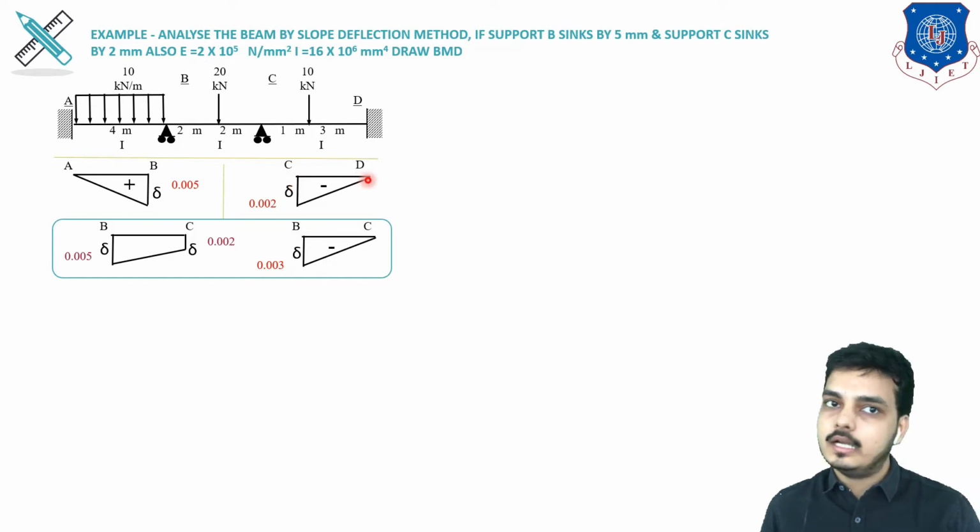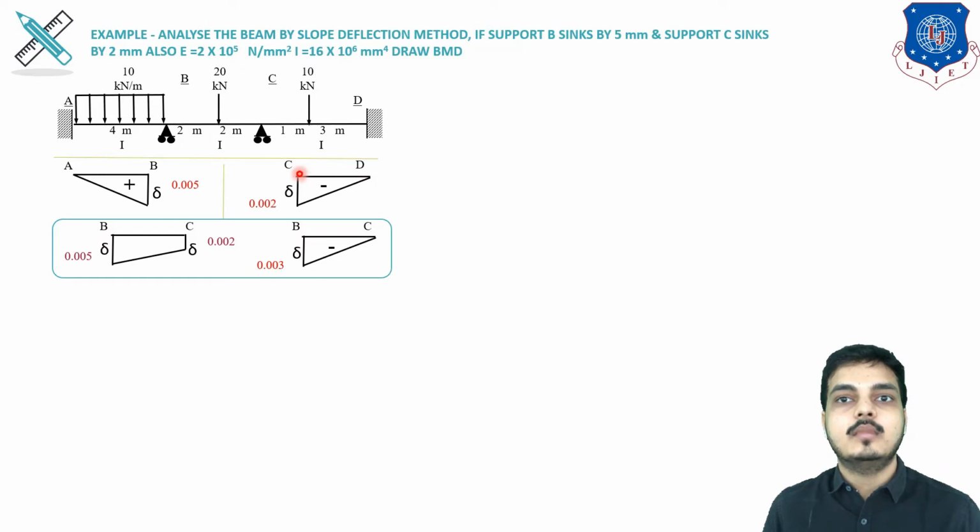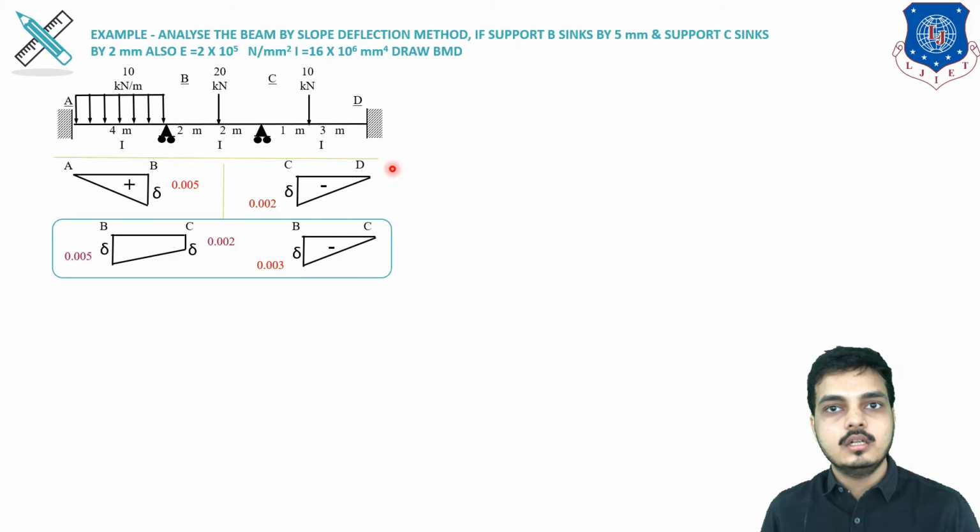Similarly for CD span, D is not sinking, C is sinking downward. So from D, where it is 0, we stand there and see it is going anti-clockwise, so negative. Now this was the effect of sinking. How to use it, we will see in step number 2.